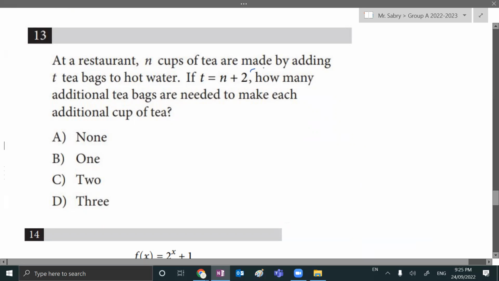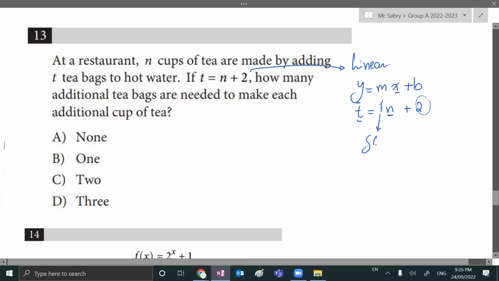So is this a linear equation? Is this linear? Yes, it is linear, and it does follow the form of y equals mx plus b, but it's here called t equals n plus 2. So the n is the x and the t is the y, and apparently the slope is 1 and the y-intercept is 2.